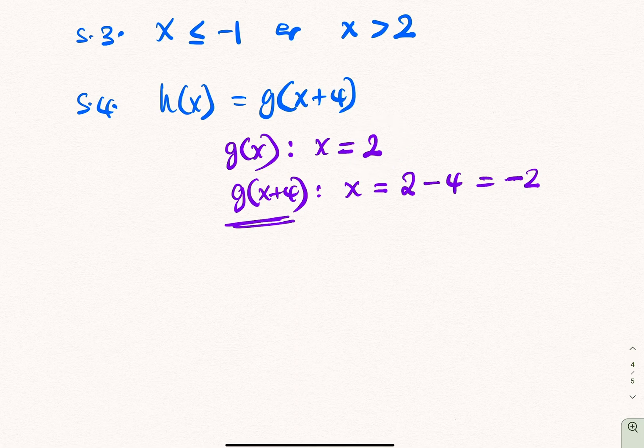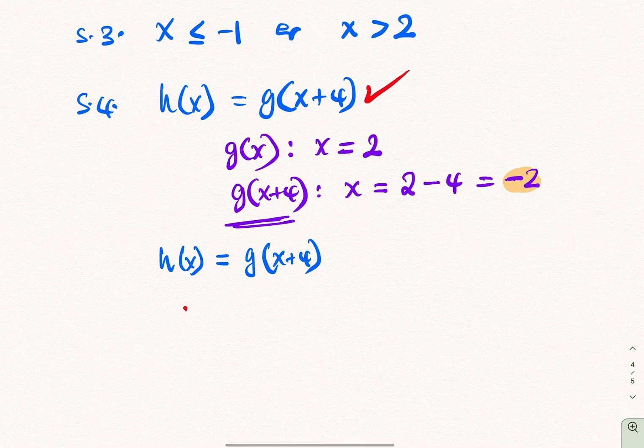So therefore, the graph of h of x has the vertical asymptote which is -2, as per the equation.